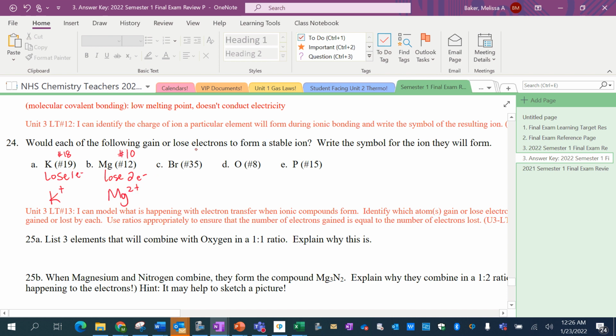Bromine wants to be like number 36, krypton, so it wants to gain 1 electron, Br-. Oxygen wants to be like number 10, neon, so it wants to gain 2, O2-. And phosphorus wants to be like argon, number 18, so it will gain 3 electrons.